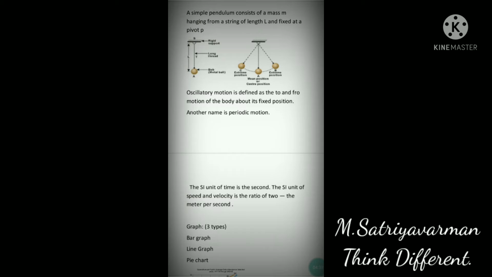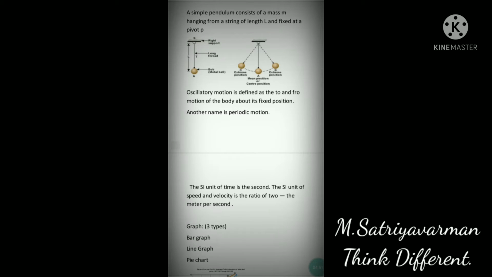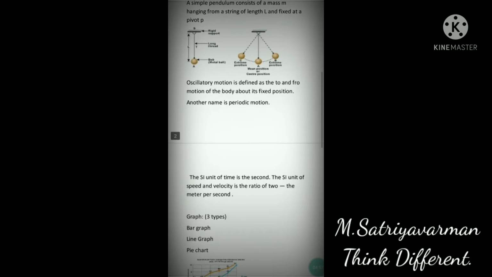This type of motion is called oscillatory motion. I have told you about this in the four types of motion. Oscillatory motion and periodic motion have the same definition, the same concept. Oscillatory motion is nothing but a simple pendulum. It takes one oscillation, and again it moves side to side.